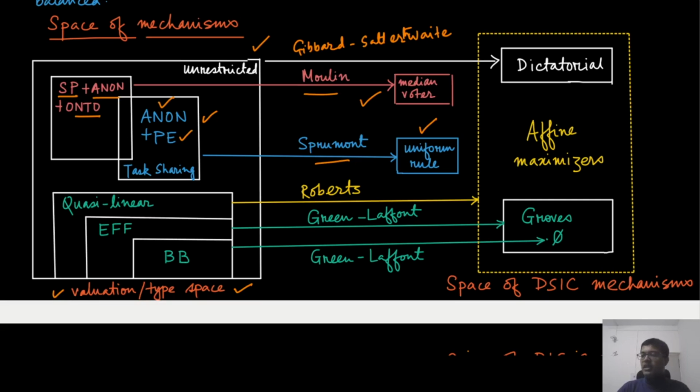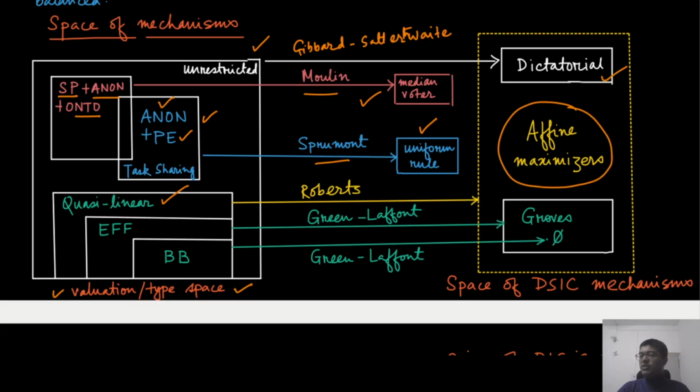Then after that, we introduced mechanisms with transfers, and that domain, the quasi-linear domain. Roberts' result says that the mechanisms that can be DSIC in the quasi-linear domain are actually a superclass. It includes the dictatorial rule, it includes several other rules, and it is the class of affine maximizers.